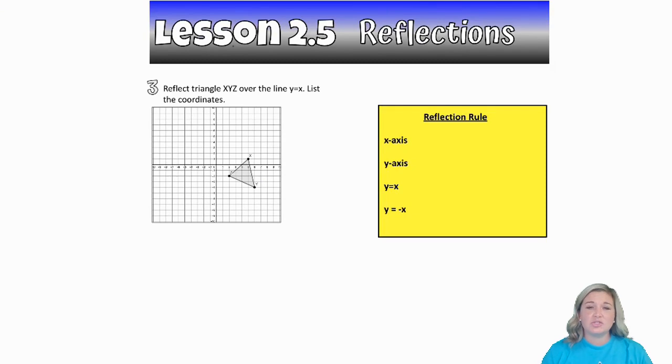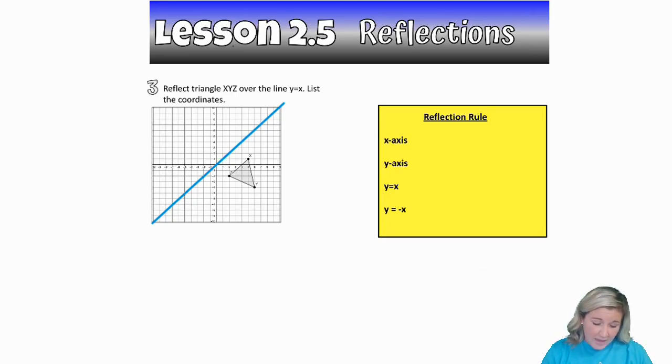And then here is a trickier one because you haven't seen one like this. This is going to reflect over the line y equals x. And so that line is right here. And so you're thinking, well, how in the world am I going to be able to do that? So what you're going to do is you're going to count how far your point is from that line still, but you're going to make a 90-degree turn and go the opposite direction to make your reflection point.